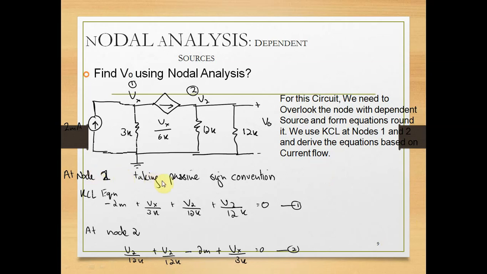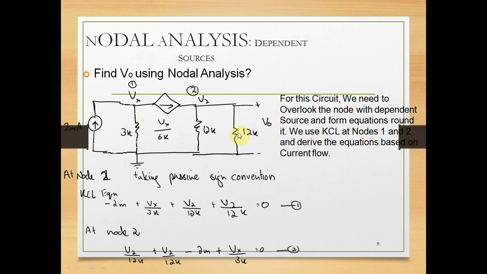At node 1, taking the positive sign convention and applying KCL, we get minus 2m plus Vx upon 3 kilo ohm plus V2 upon 6 kilo ohm plus V2 upon 12 kilo ohm equal to 0.